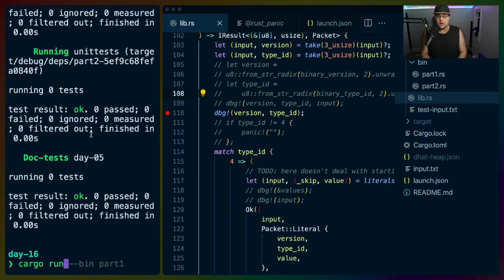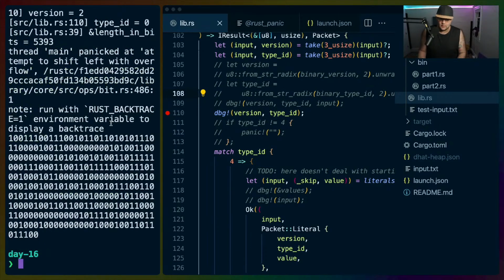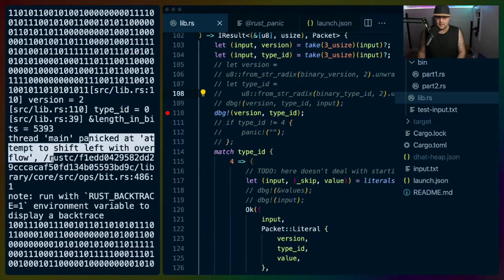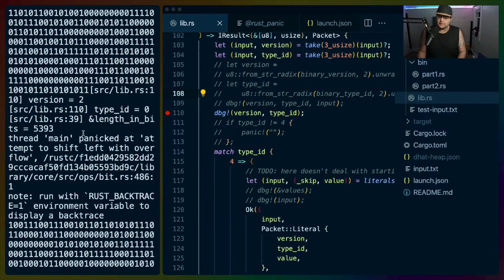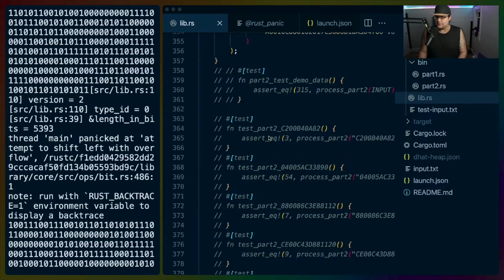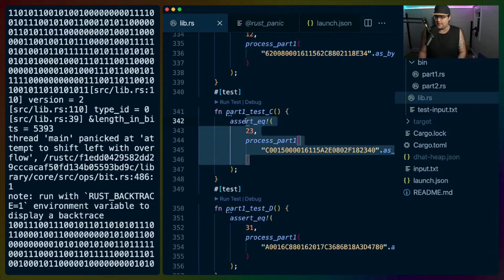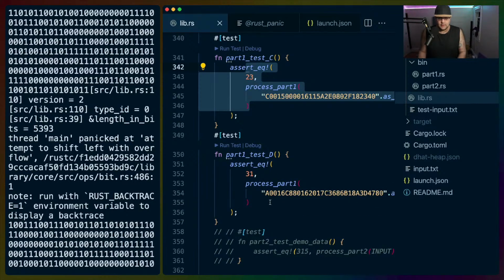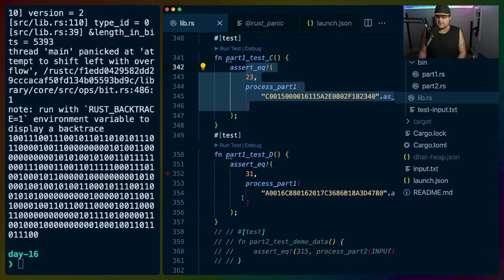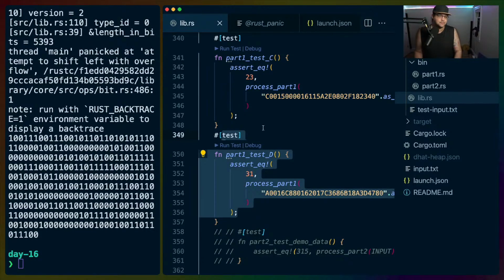So if I run the bin from yesterday, what we end up with is this attempt to shift left with overflow. So even though I have a bunch of tests that are running the full suite, right? Test B, A, B, and C over here, all succeed. Test D succeeds.